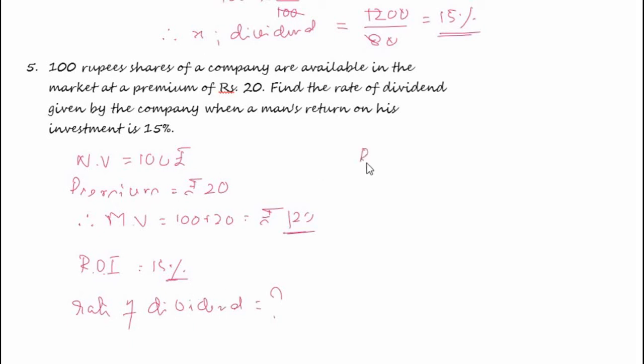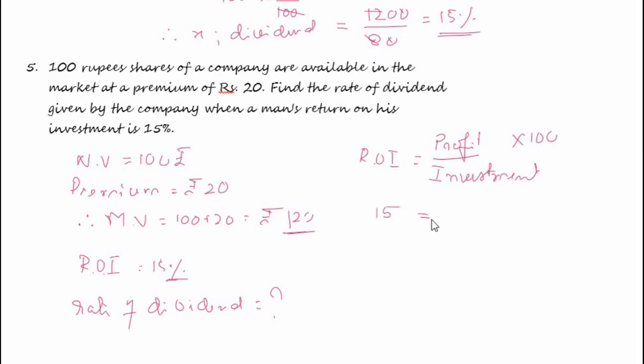So ROI is equal to always the profit. Profit is nothing but the dividend also. So this is the profit divided by investment into 100. Now return of investment is given, that is 15%.